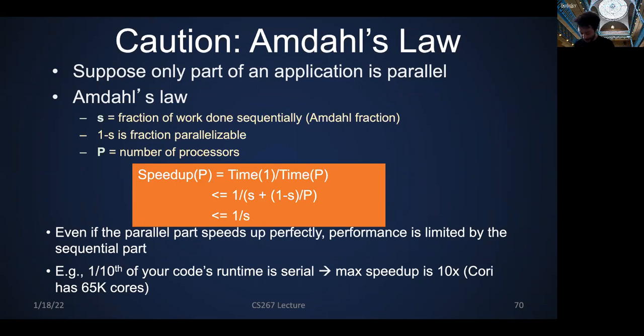Even if the components that you parallelize are independent of each other and don't communicate at all, the fraction you miss will come back. Let's say that fraction is 10%. You put that number in, and your speedup will be limited to 1/10%, which is basically 10. So you're trying to make this S go to 0 so that you can get as much speedup as possible.